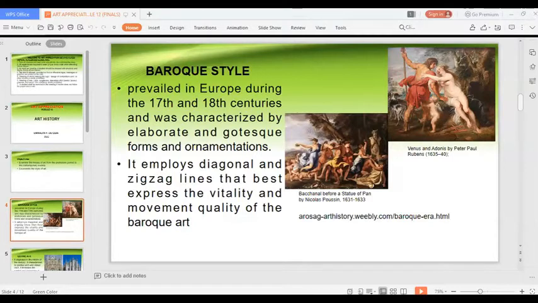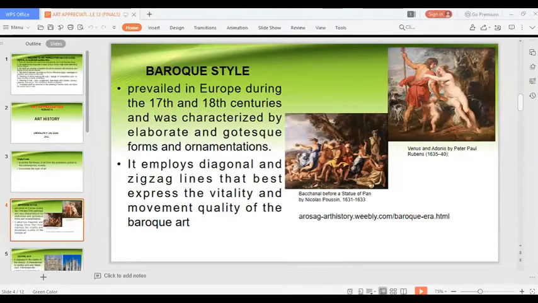Baroque art started in Europe in the 17th to 18th century, and it rapidly spread to nearby countries like France, Italy, Spain, Portugal, and Austria.